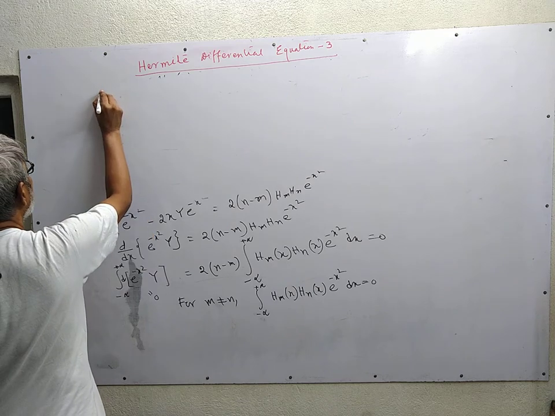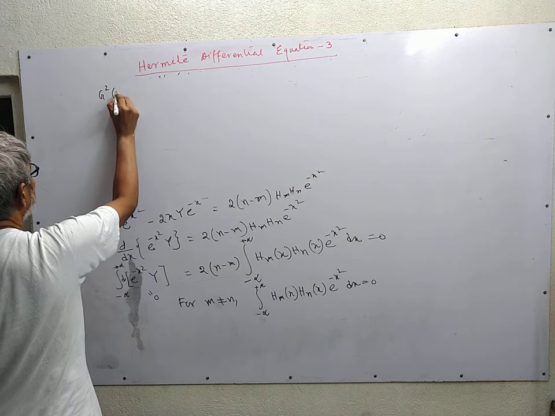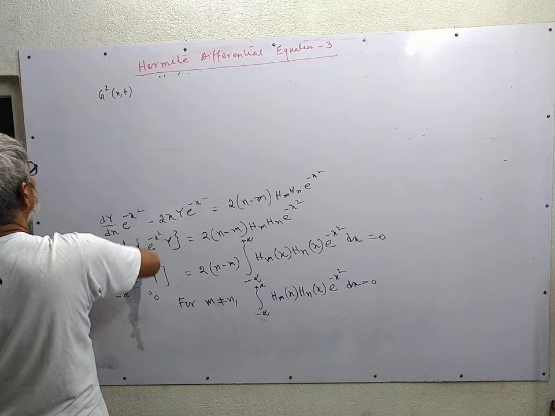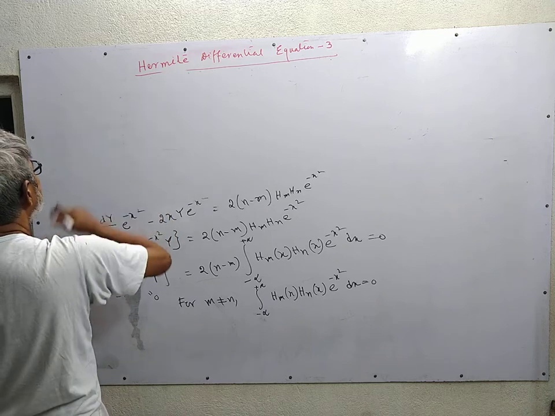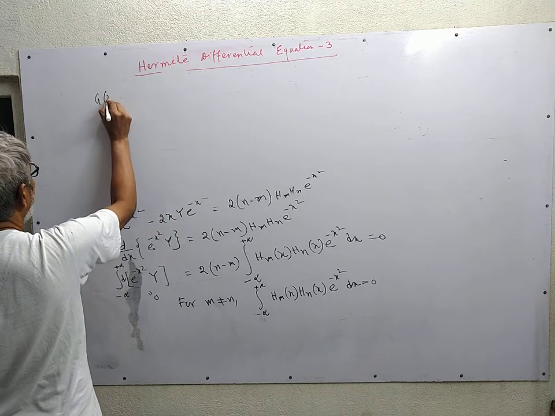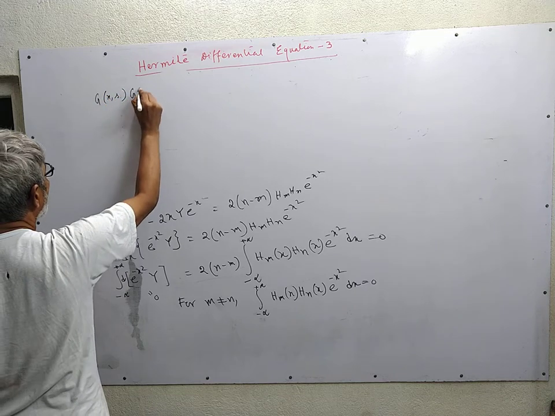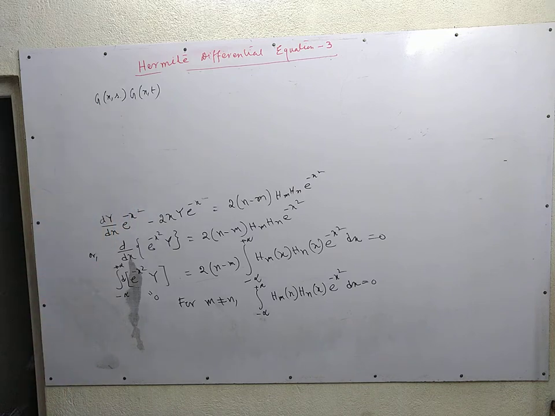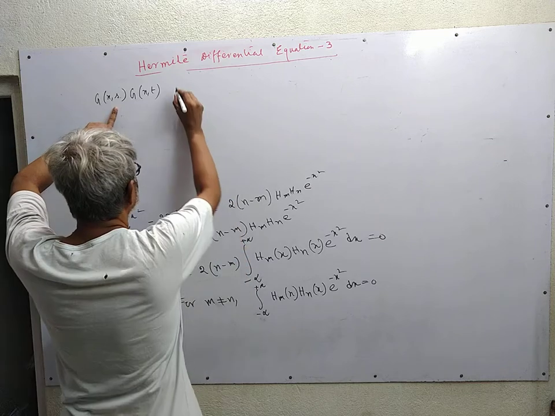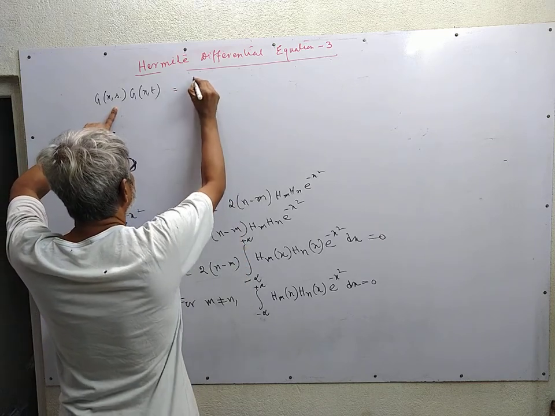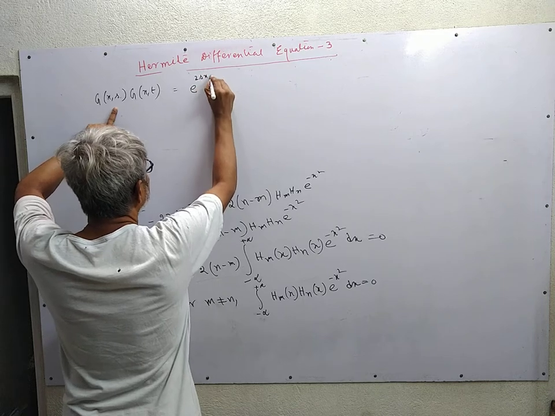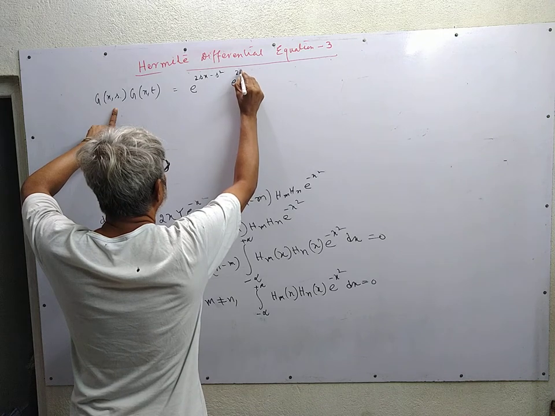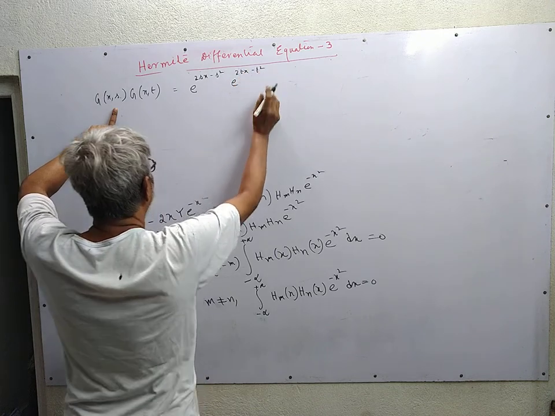We use the generating functions g(x,s) and g(x,t). So we use two generating functions, one with parameter s, another with parameter t. So this is e to the power 2sx minus s square, and this is e to the power 2tx minus t square.